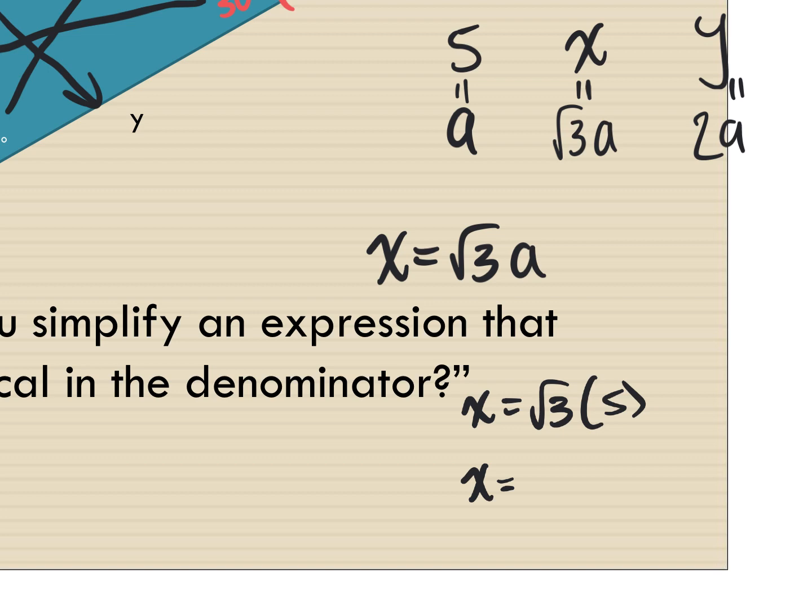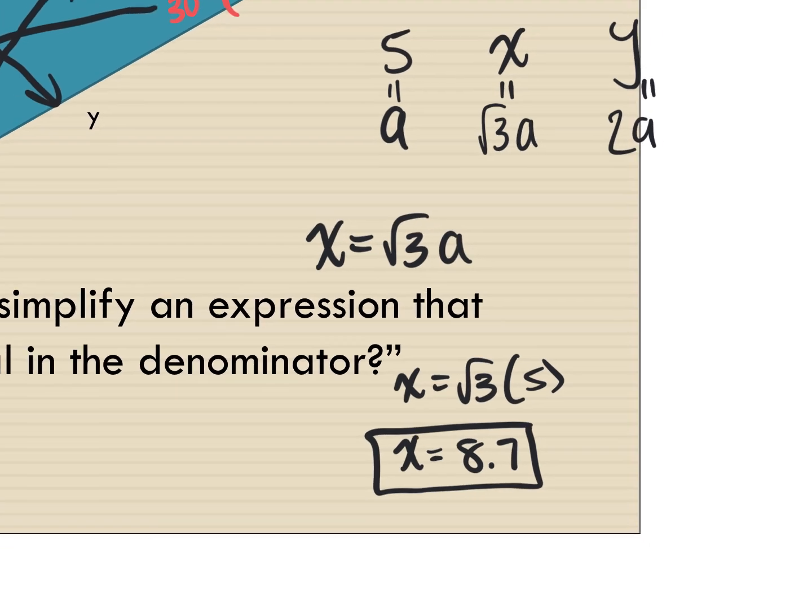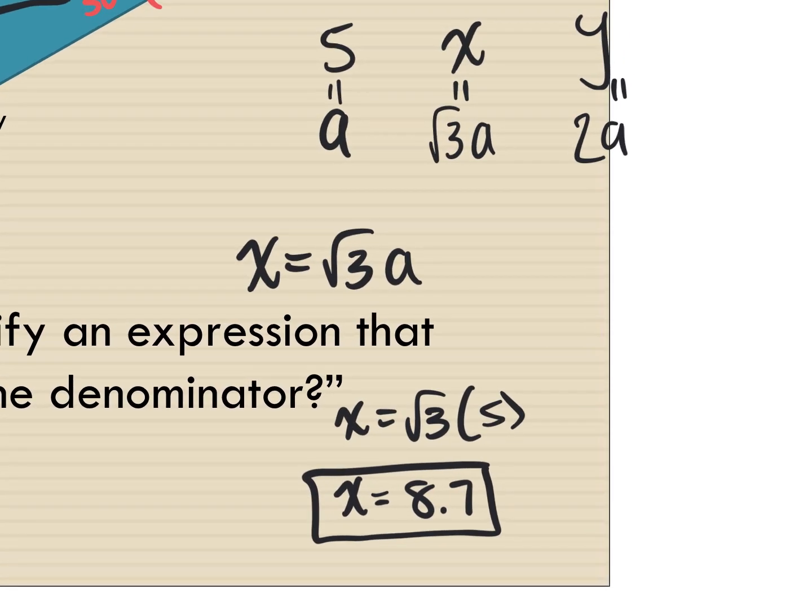I got 8.7. Now, how would you find Y? Y is just going to be 2 times 5, which will give me 10.